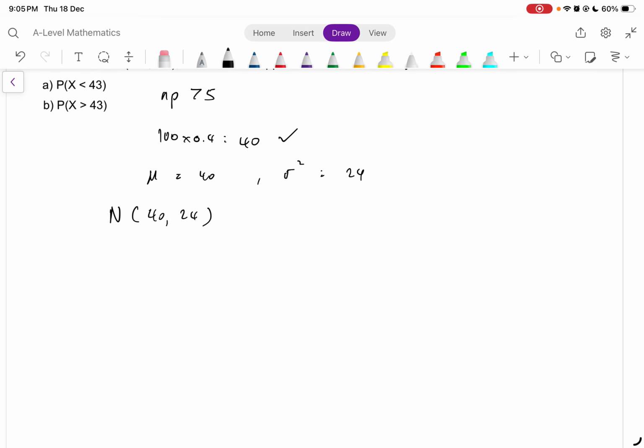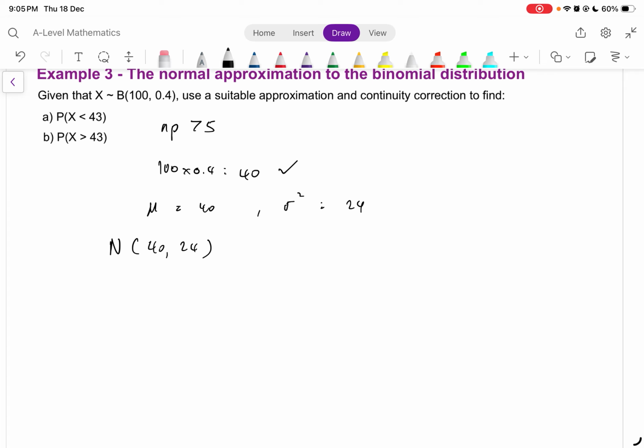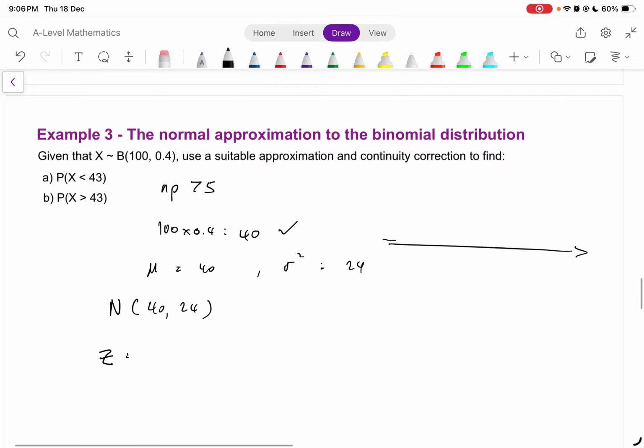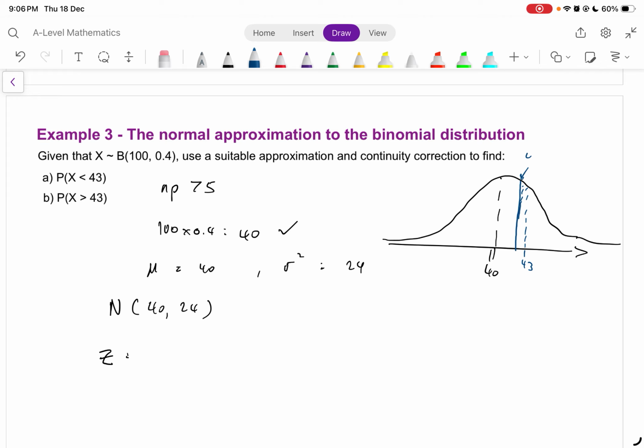So let's do that. For x smaller than 43, let's find our z value. Again, because this is discrete, we have to make it continuous. And it's lower than 43, right? Our mean is 40, so that obviously is going to be bigger. That means on the left we have 42.5 and on the right 43.5.